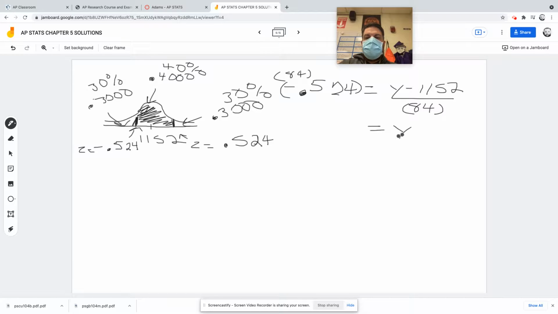I get y minus 1152 is equal to negative 0.524 times 84, which is negative 44.016.